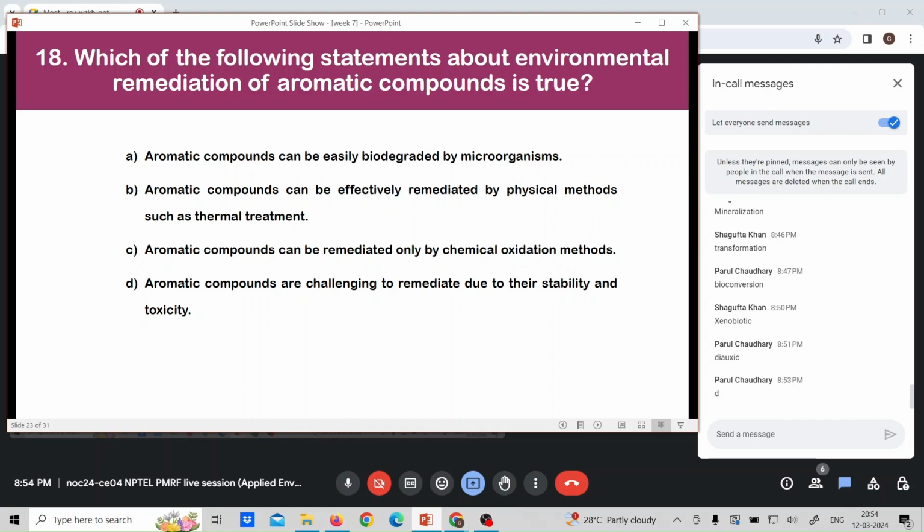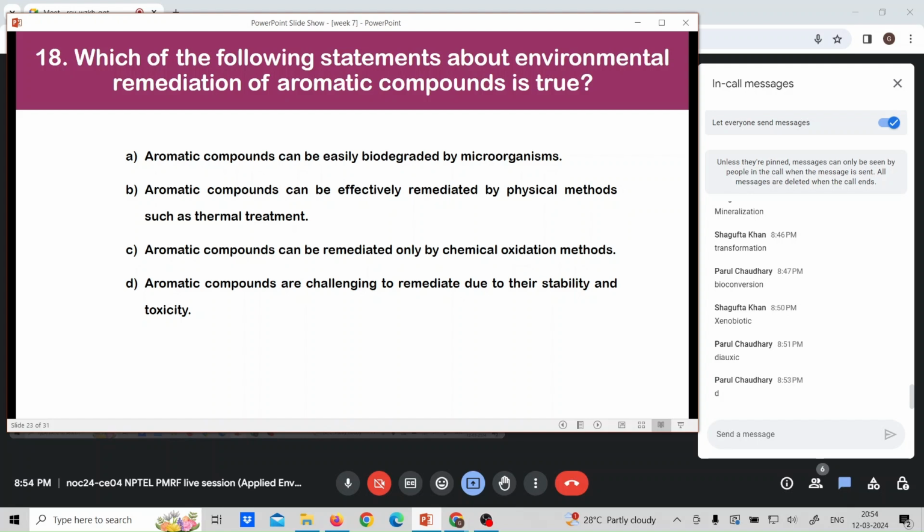Aromatic compounds are generally those cyclic ring structures. They are not easily degraded by microorganisms. It's tough to degrade them because of their structural rigidity. And also, physical methods will not effectively remediate aromatic compounds. You will require a lot of energy to break the bonds. So it's not very effective.